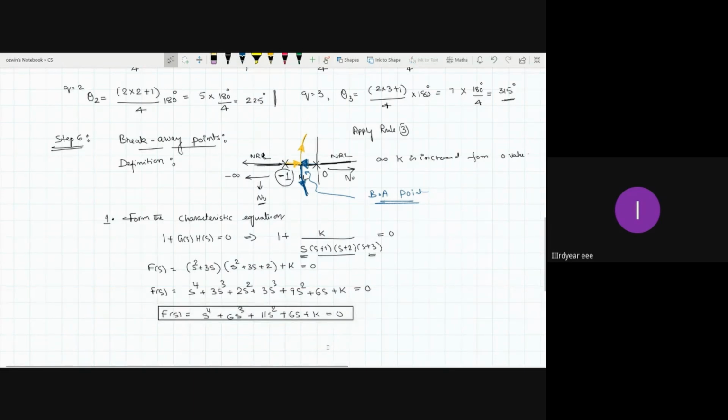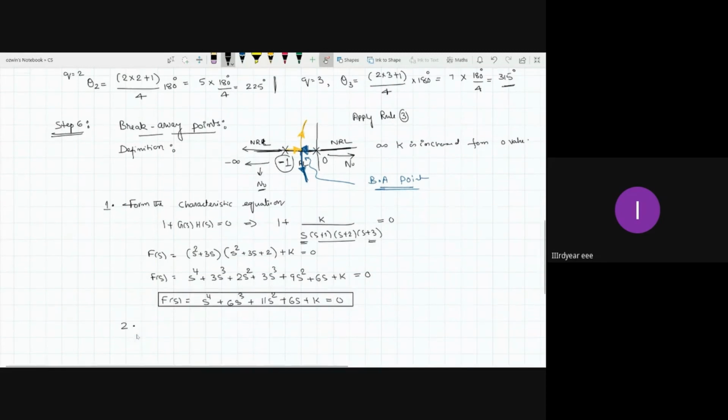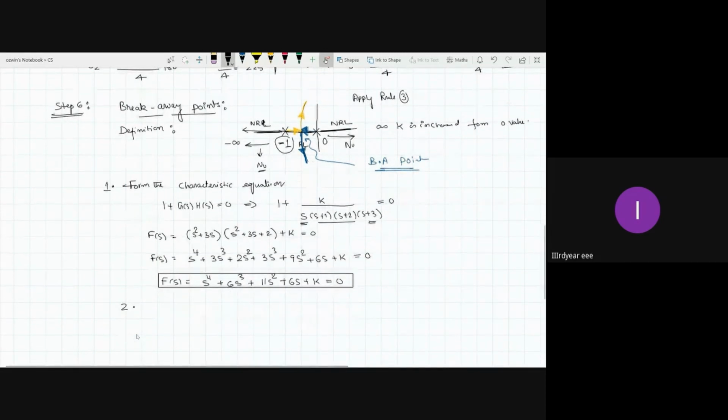All right. Now, step 2. So firstly, you need to find the characteristic equation. Once you have the characteristic equation, you can go to step 2. So in step 2, what you write is: rearrange the characteristic equation in the following form.